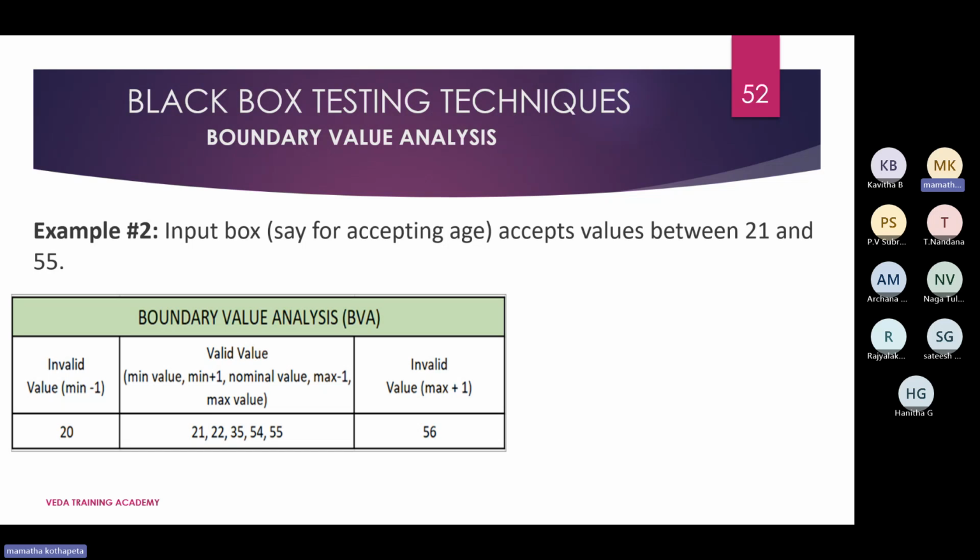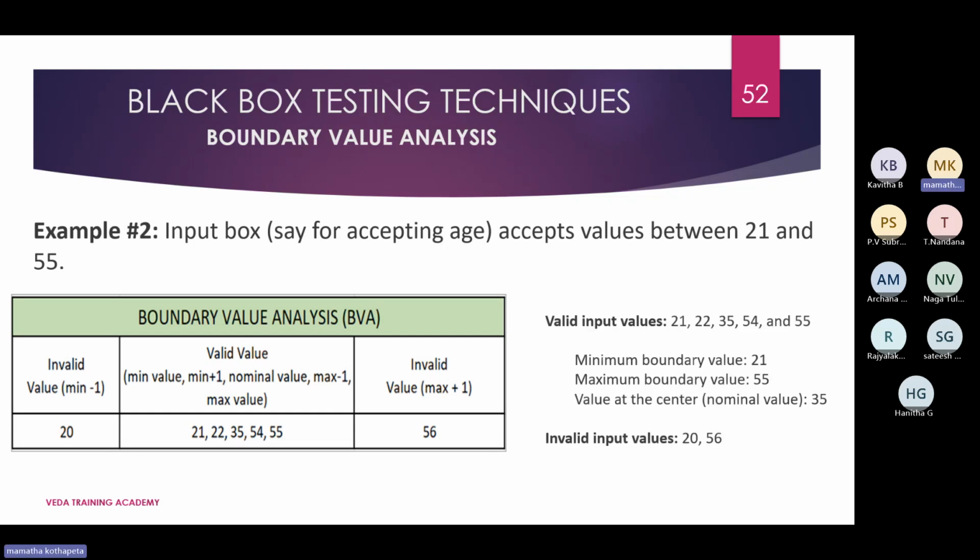Now, what it says is, if these boundaries are working fine, it is clearly assumed that the given input range is properly working and accepted by the input box. Now, if we look at the test cases, see here how many: 1, 2, 3, 4, 5, 6, and 7.